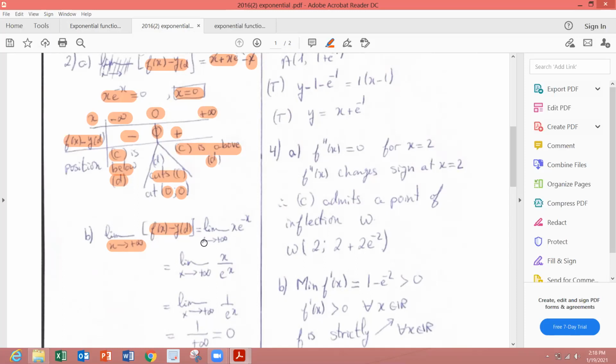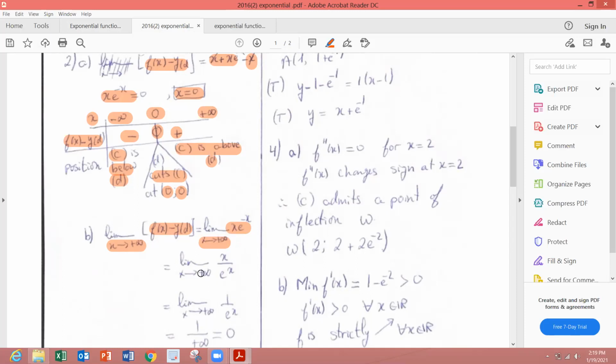So equal limit as x tends to plus infinity of x e to the minus x. It will be infinity times 0.